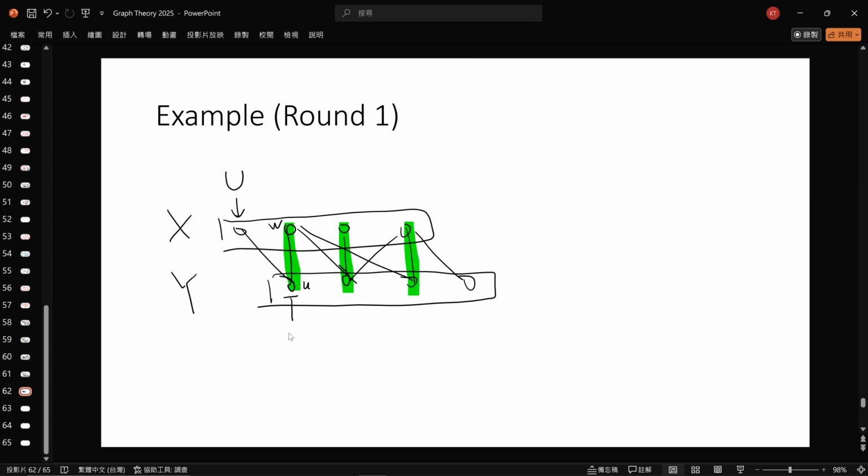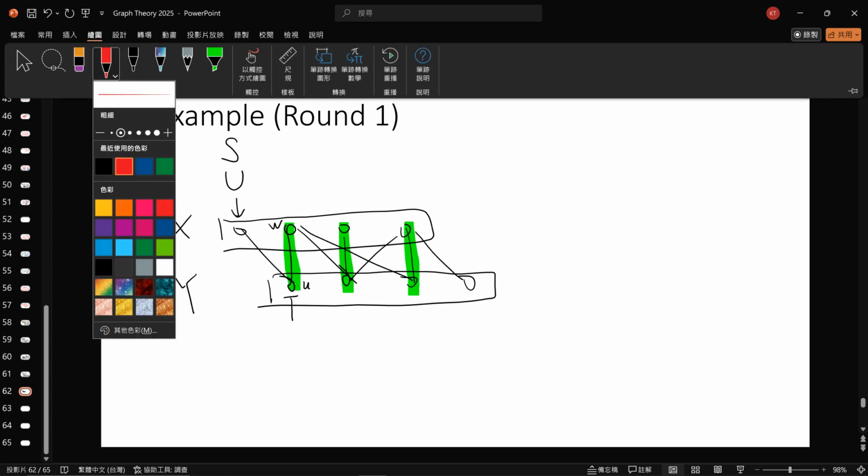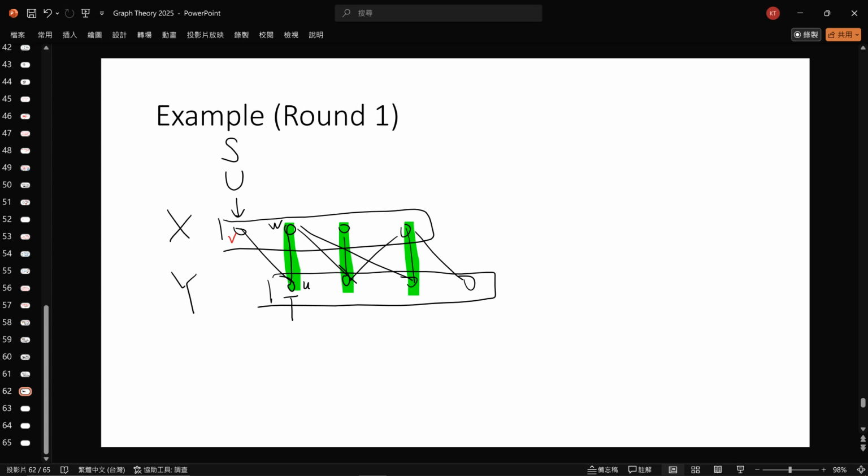In round 1, this vertex, because it is not saturated by the green matching M, is in U. So initially, the set S only contains U. So this vertex is also in S. All right, so we only have one vertex in S, so we can only choose this vertex as V.